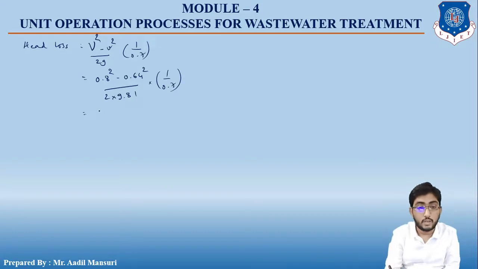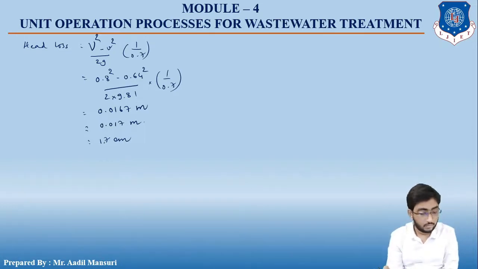So this will be equal to 0.0167 meter. Okay, so approximately equal to 0.017 meter, or this will be equal to 1.7 centimeter. Okay, so this is the head loss when the screen is cleaned.